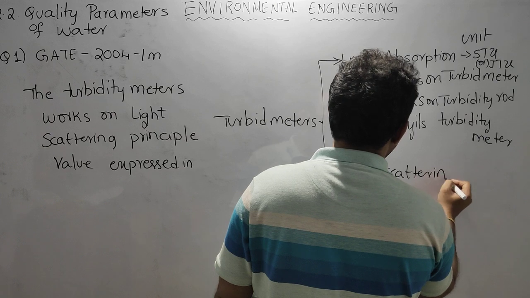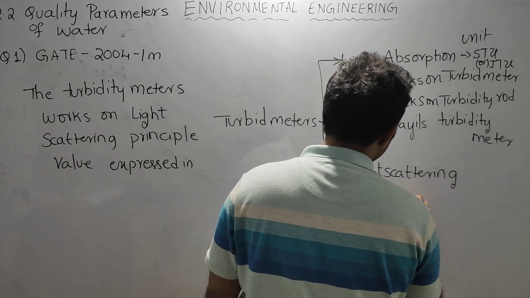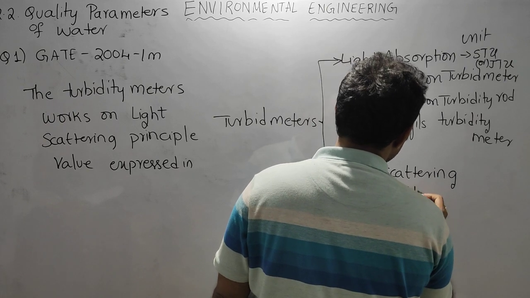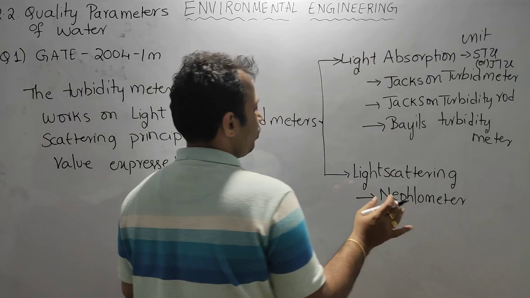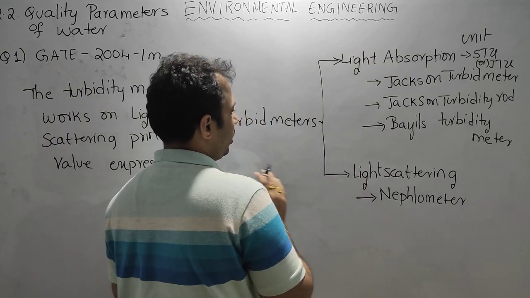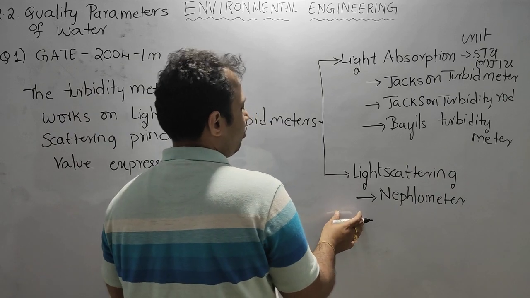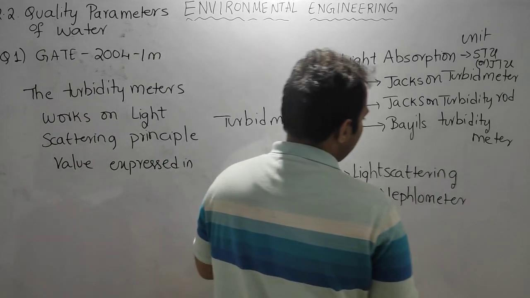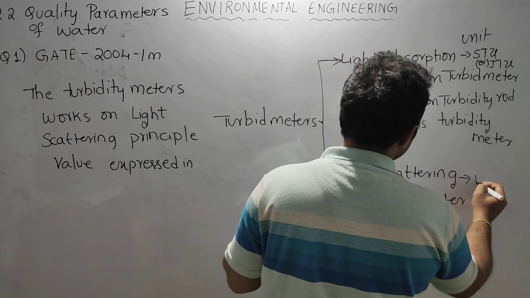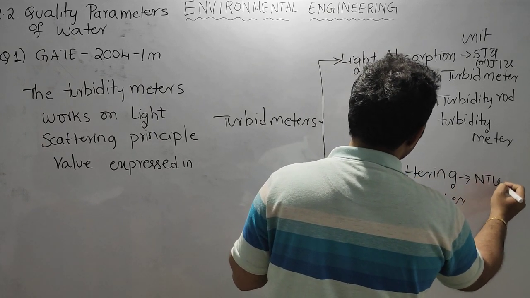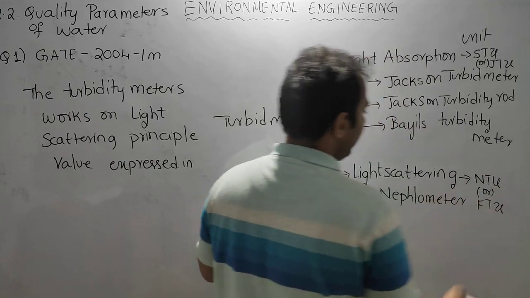If it is working on the light scattering principle, which equipment works? The nephelometer. The nephelometer is the only equipment generally used for water supply, so mostly we use the nephelometer for water supply. The unit for the light scattering principle is NTU, Nephelometric turbidity unit, or Formazin turbidity unit, FTU.